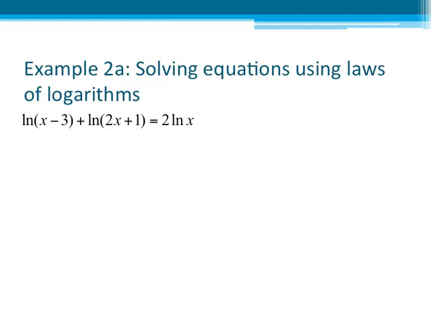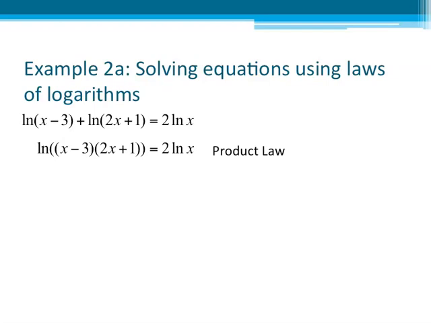So on the left, we have ln of x minus 3 plus ln of 2x plus 1. To write that as a single logarithm, this would be using the product law. So this can be written as ln of x minus 3 in parentheses times 2x plus 1. Now on the right, we do have a single logarithm, but let's try to write it so that we don't have that 2 in front.